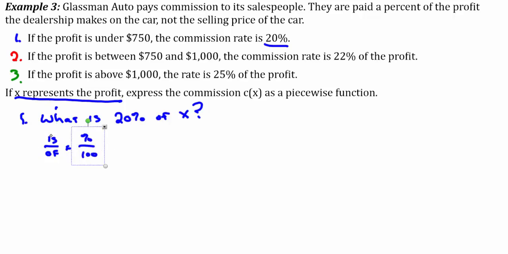Our is unknown. It is the commission that we would earn, and in our problem, it wants commission to be C of X. So we're going to say C of X there. Our of is going to be X, and the percent is going to be 20 over 100.